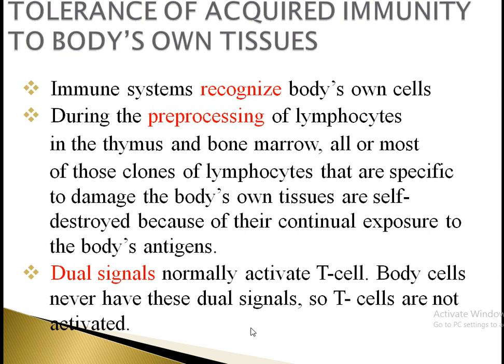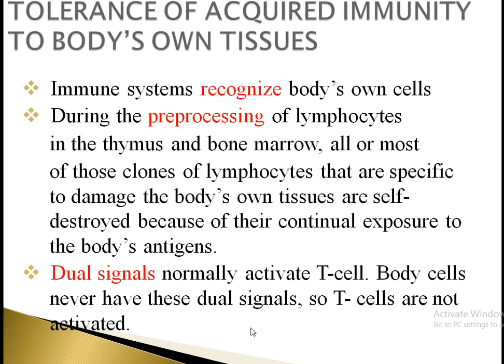And one more thing, dual signals normally activate T cells. Body cells never have these dual signals, so T cells are not activated. This is again a very important point: for the activation of T cells, dual signals must be present. Normal healthy tissues are not sending dual signals, so normally these specific T lymphocytes are not activated.